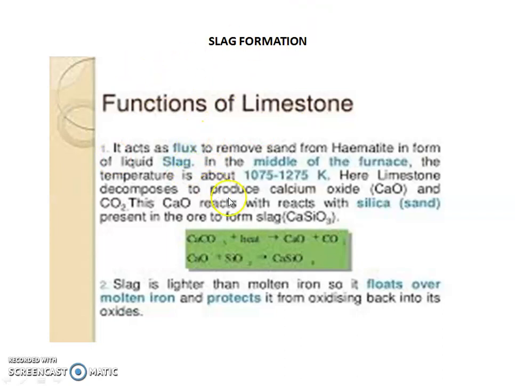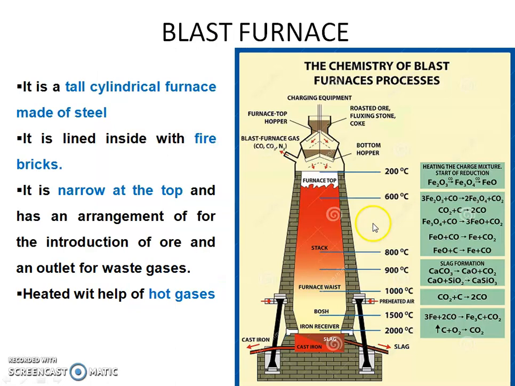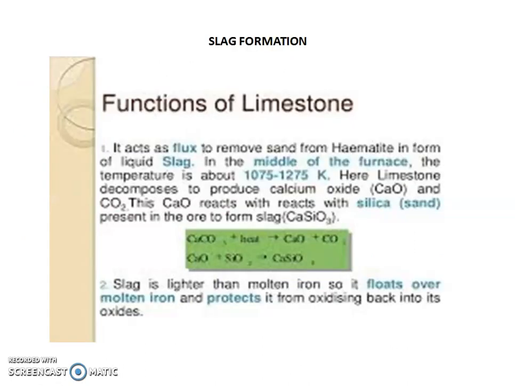In the temperature range of 1075 to 1275 Kelvin, in the middle of the furnace, calcium carbonate from limestone undergoes decomposition, because heat is everywhere in the system.